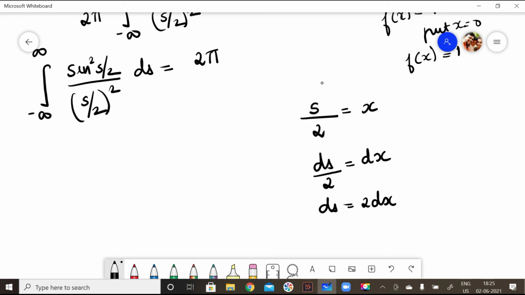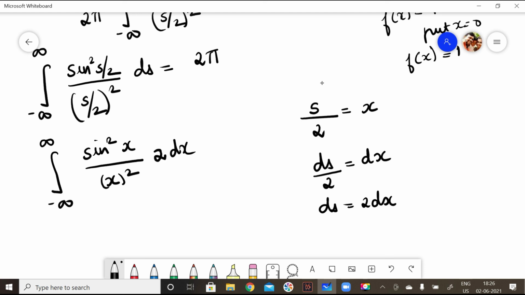Now I substitute all this in the integral: integral from minus infinity to infinity of sine square x by x square into ds, and ds is 2 dx, is equal to 2 pi.